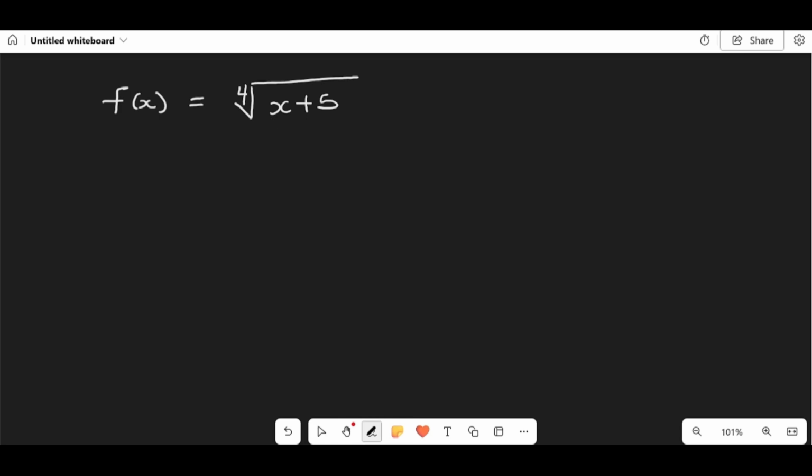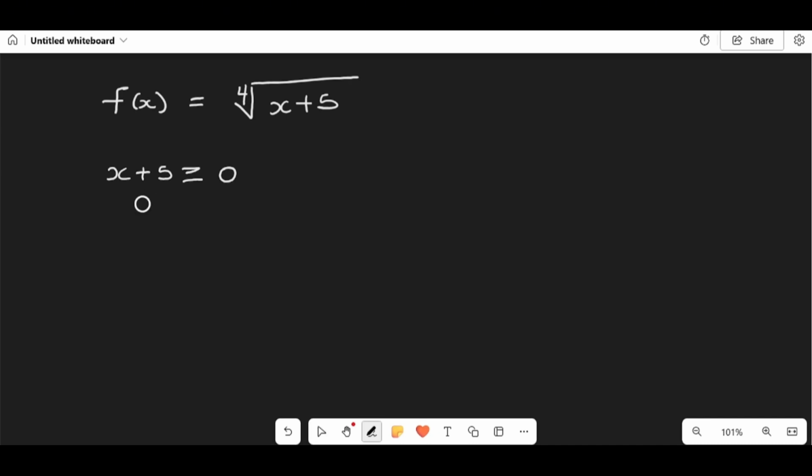Now, to find the domain, let us set the expression inside greater than or equal to 0. x plus 5 is greater than or equal to 0.